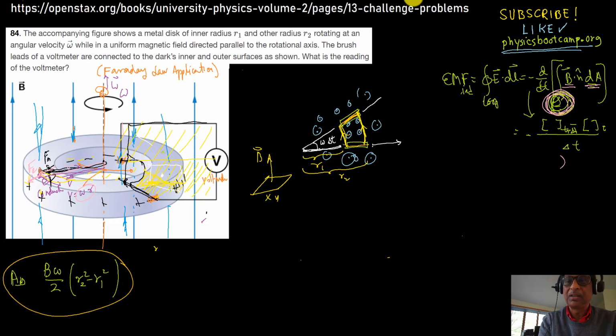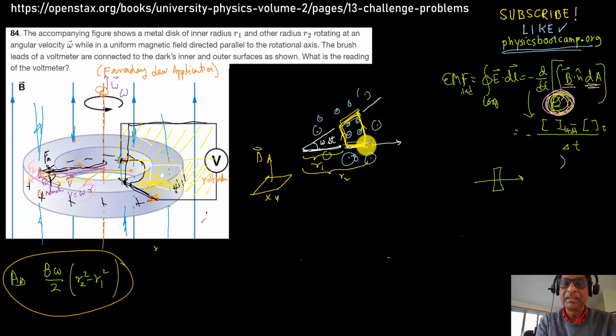and we want to know what's the EMF across this. So it's exactly like the bar problem, but instead of the bar going this way, the bar is rotating radially, right? So this loop, let's write down the loop.